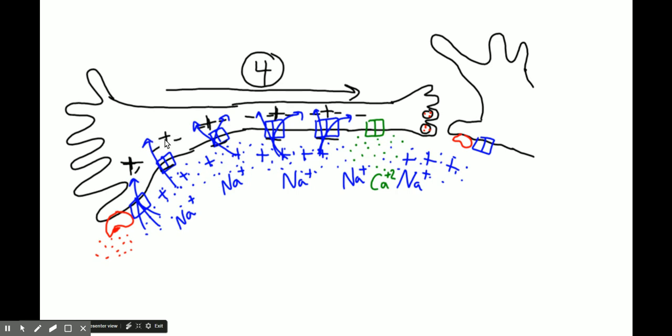So here's our next action potential. Basically, we are just sending action potentials from one part to another all the way down the axon. So here we go. Charge, open, flood. Charge, open, flood. Charge, open, flood. And that's our step 4, the propagation of the action potential along the axon.